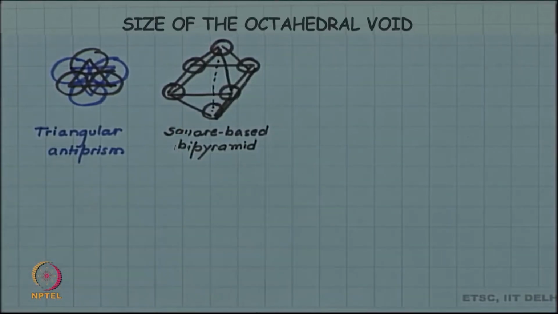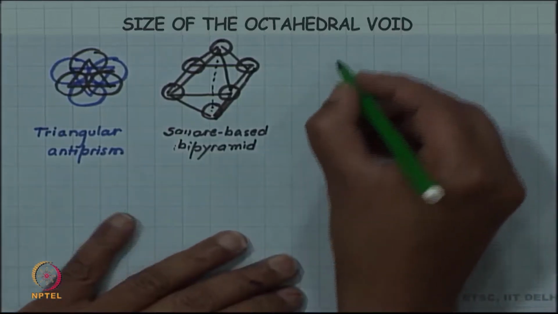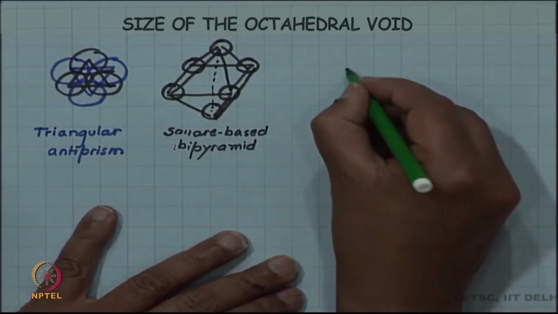Since it is a square, looking at it from the square based dipyramid approach makes the calculation much simpler, because geometry of a square is much simpler than geometry of triangles.